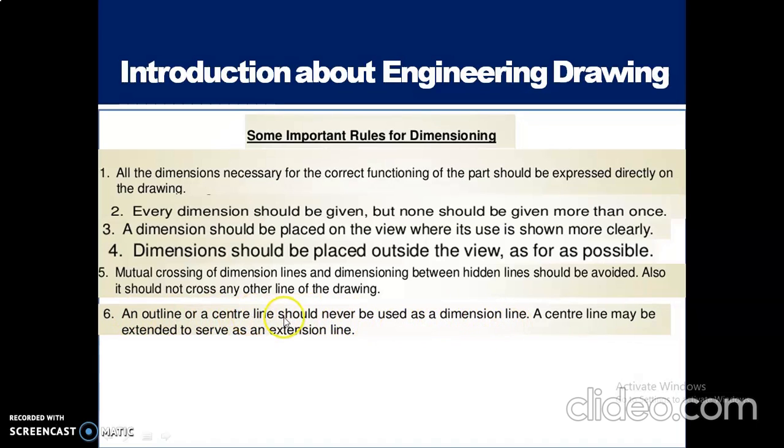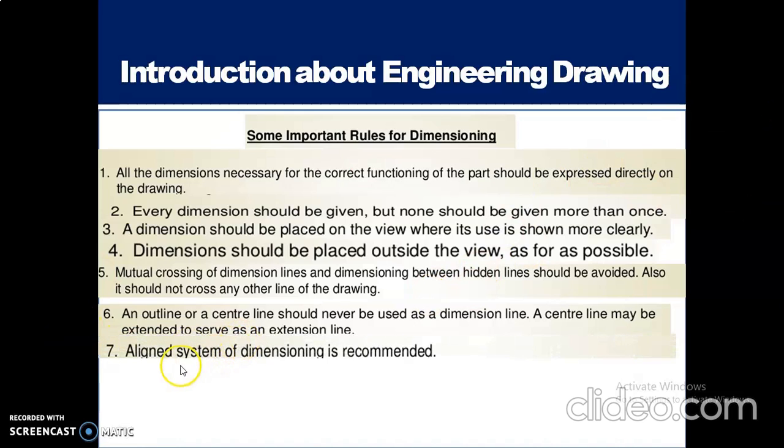But a center line may be extended to serve as an extension line. So this is the sixth rule for dimensioning.